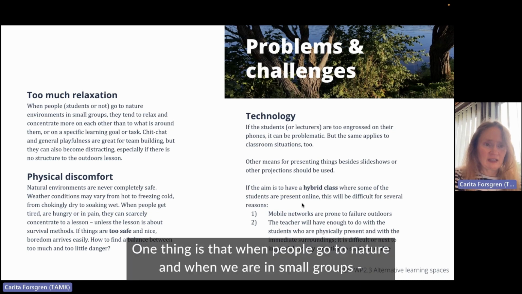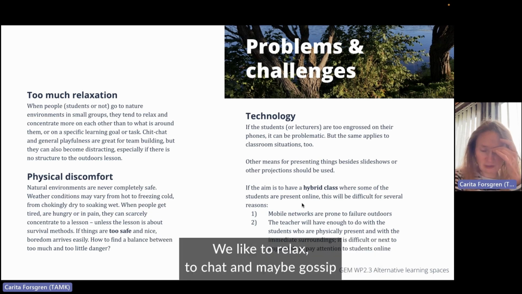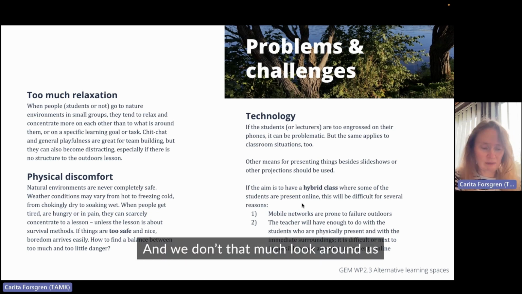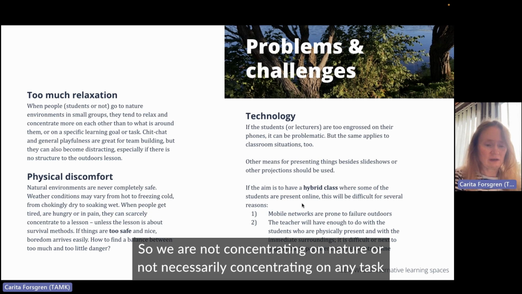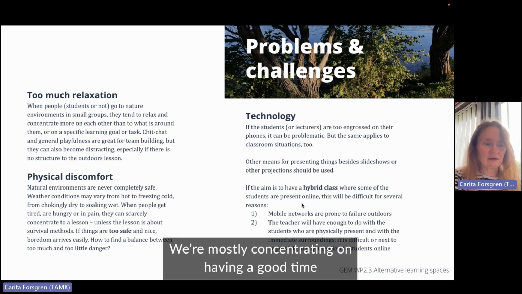One thing is that when people go to nature and we are in small groups, then we like to relax and we like to chat and maybe gossip, and we don't that much look around us. So we are not concentrating on nature, or we are not necessarily concentrating on any task or learning.